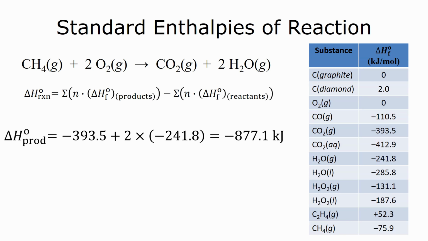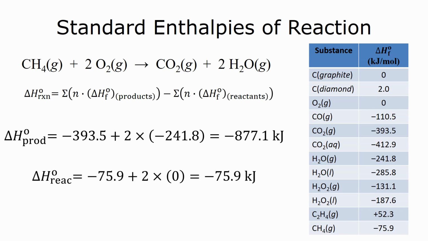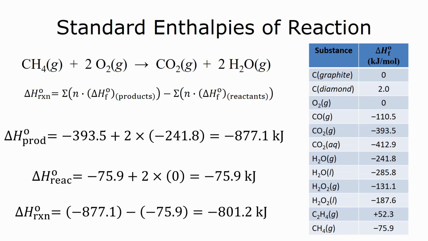We can essentially ignore it, but we'll include it here just to show that it doesn't really affect our calculation. So we take our standard enthalpy of formation of methane plus 2 oxygens, which is just 0, and we have negative 75.9 kilojoules. Now we're going to take our products and subtract from that the reactants, and there we go, negative 801.2 kilojoules.